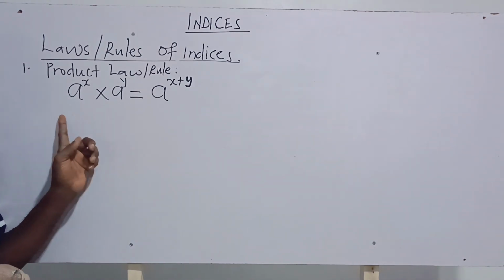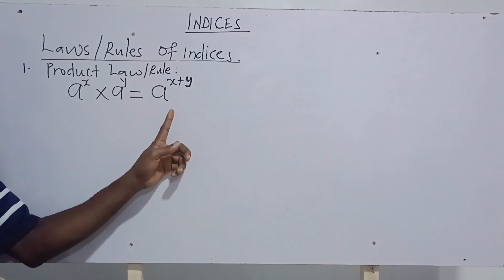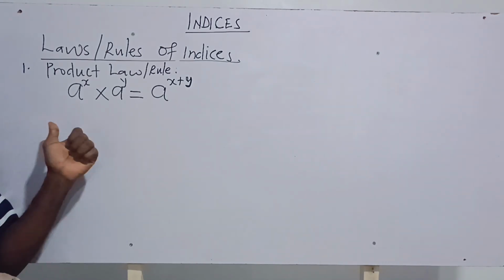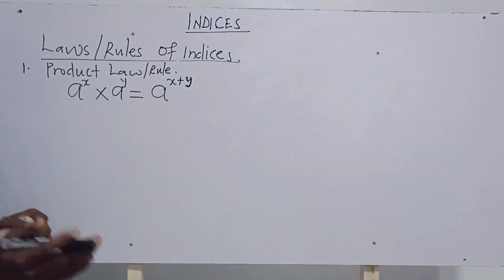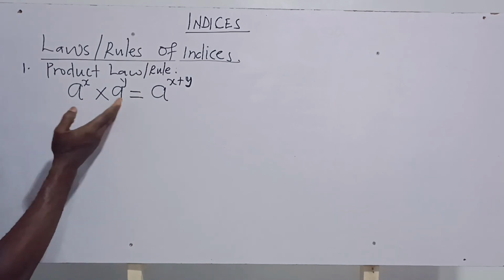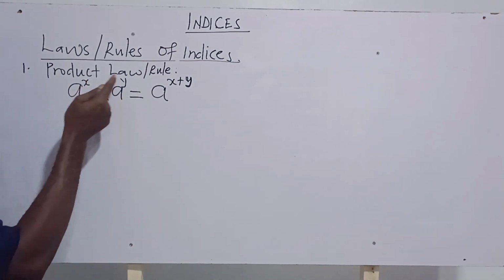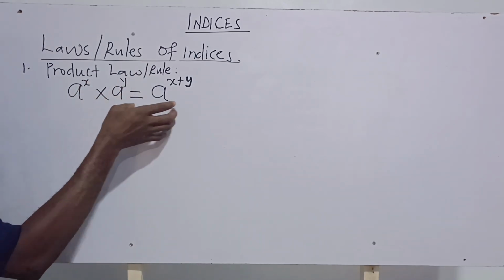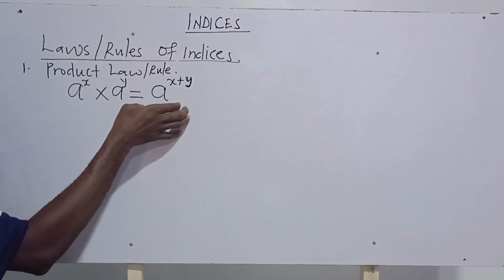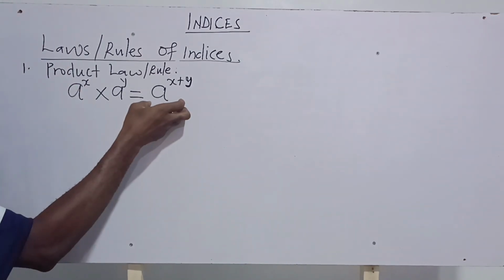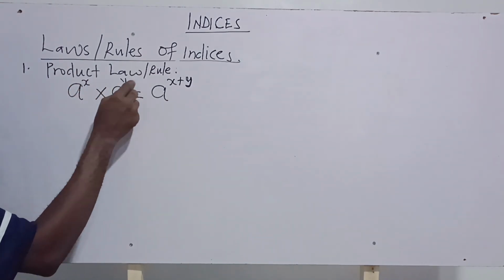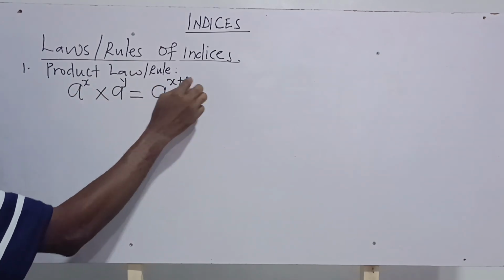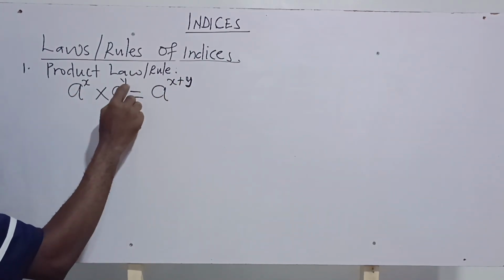Simply put, when you have an expression like this in indices, since they have the same base and different indices, you just pick one of the bases and add the indices, that is, you add the powers.